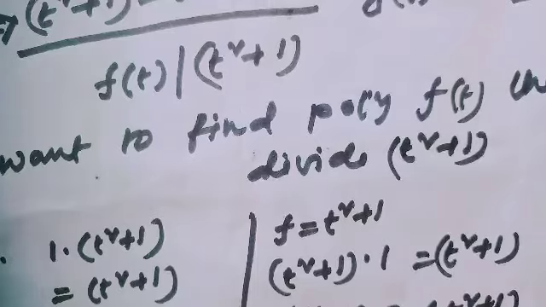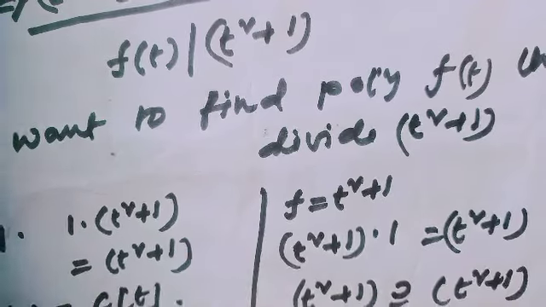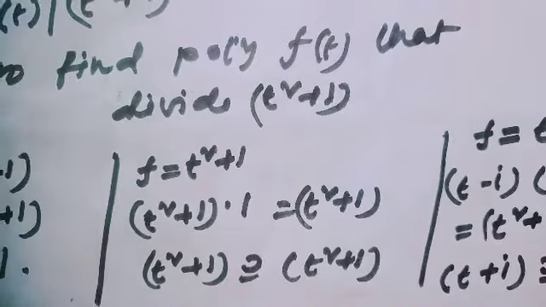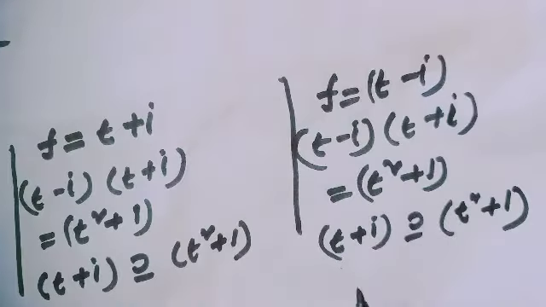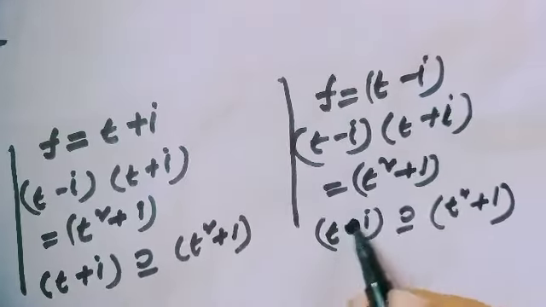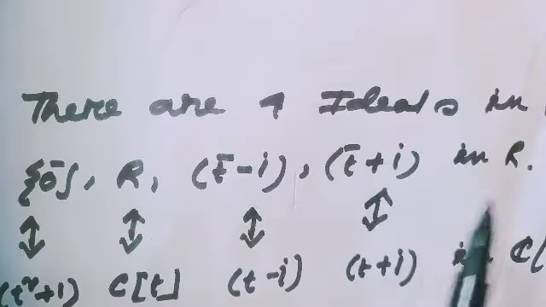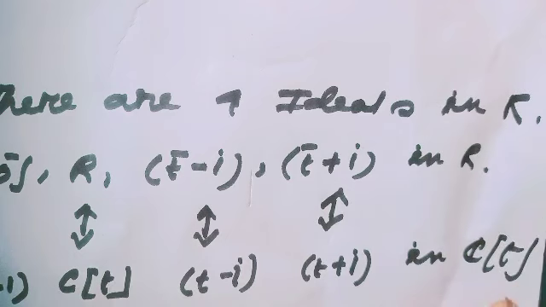That means there exist 4 possibilities for ideals of ℂ[t] containing t² + 1: one possibility is the whole ring, other is t² + 1 itself, other is (t + i), and the other possibility is (t − i). That means there exist 4 ideals in the ring R, where R means ℂ[t] modulo t² + 1.